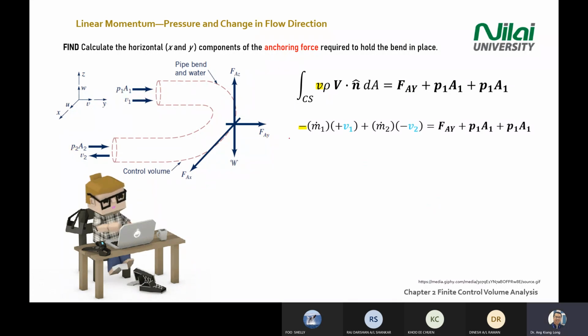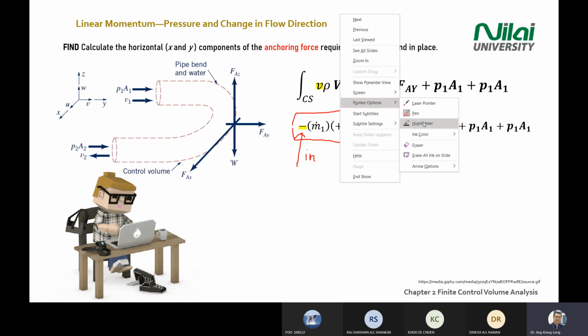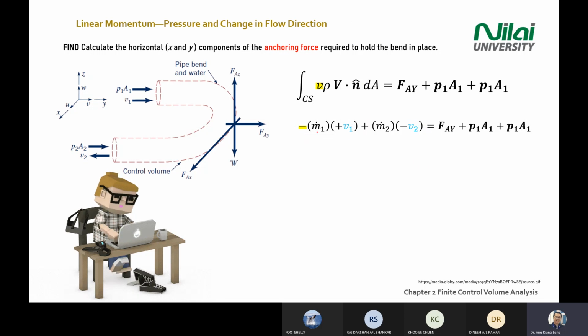That's why you see this component is negative: point 1, the input, is always negative. This one is positive because it is output. So I explained about the positive and negative already.